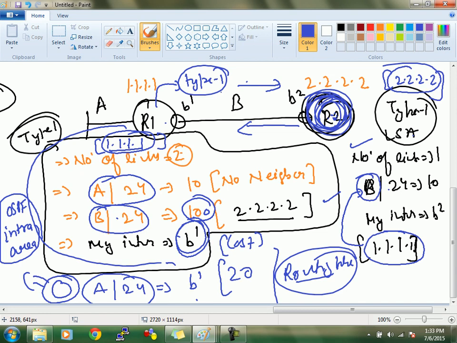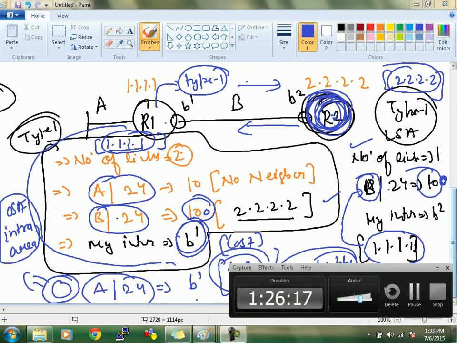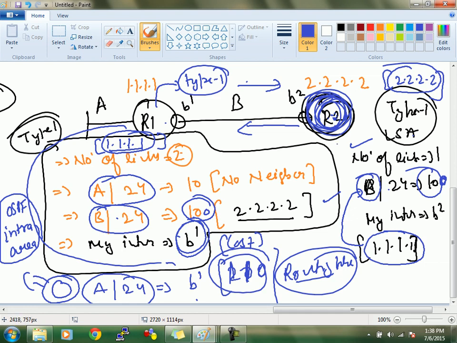R2 हमेशा उसी कॉस्ट को ऐड करेगा राउटिंग टेबल में जो कॉस्ट उसके खुद के इंटरफेस की होगी। उसके खुद के इंटरफेस की कॉस्ट क्या है 10। अगर मैं यहां पे 100 कर दूंगा देन टोटल कॉस्ट विल बी 110। दिस थिंग इज क्लियर। तो व्हाट आई वाज सेइंग इज R2 will always use its metric in its own LSA, never metric that is forwarded by R1. This thing is clear? Fine. कोई इश्यू किसी को?